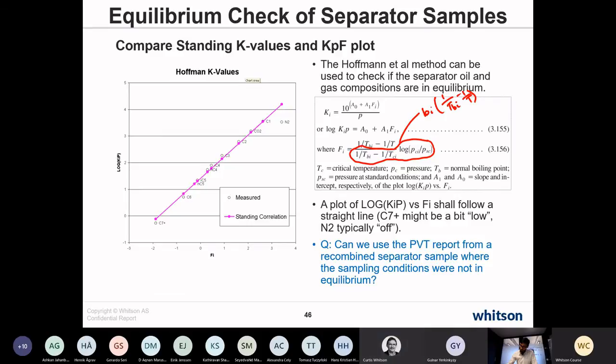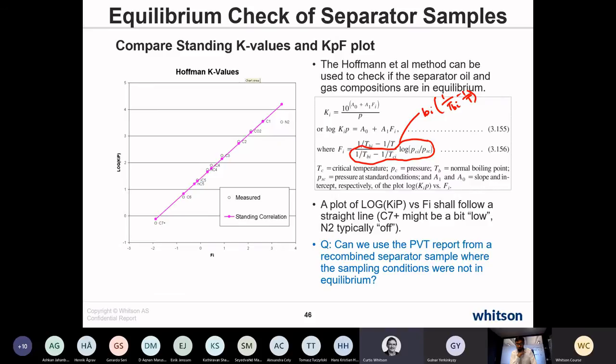K values. That separator gas and separator oil created in the laboratory, when plotted on this plot, had better show consistency, right? So that's a way, in a sense, to get equilibrium compositions from samples that are, for some reason, not in equilibrium.